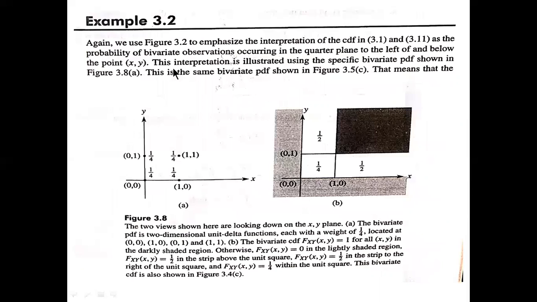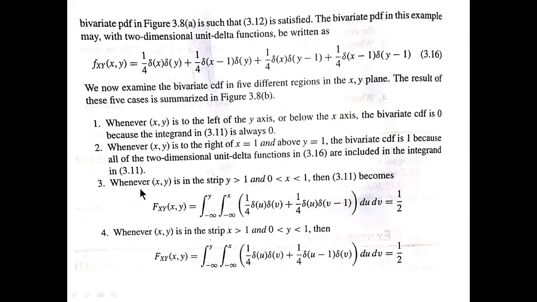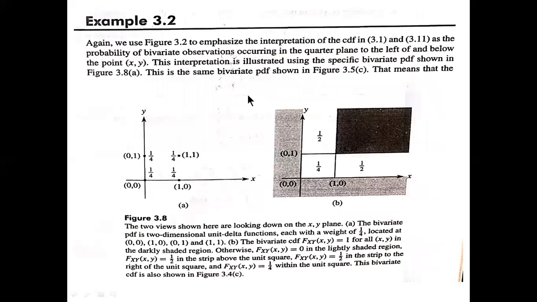This will correspond straight away to (0, 0). Similarly, x minus 1 and y: x minus 1 equal to 0 gives x equal to 1, and y equal to 0, that means the point (1, 0), which corresponds to this 1 by 4 magnitude.